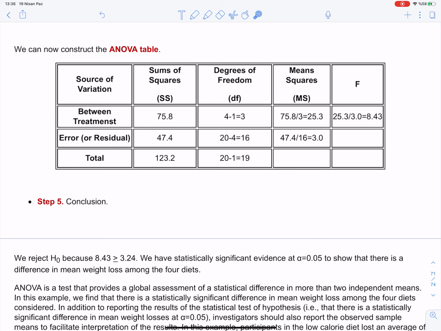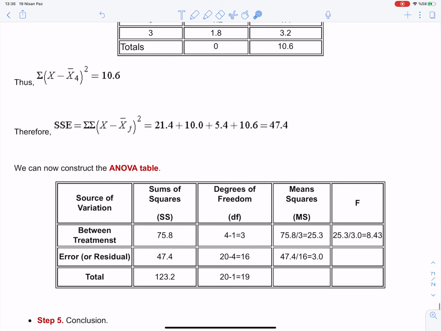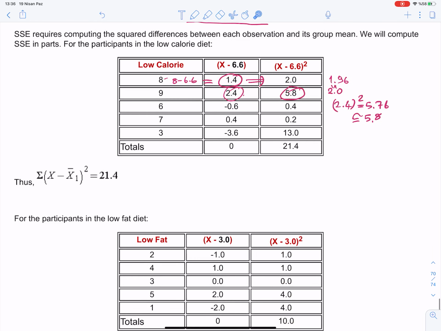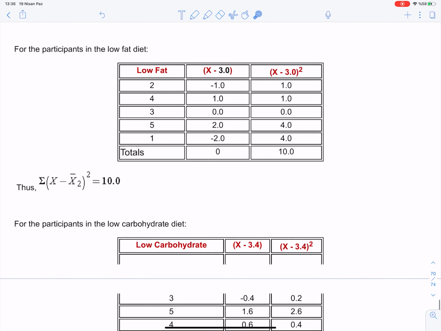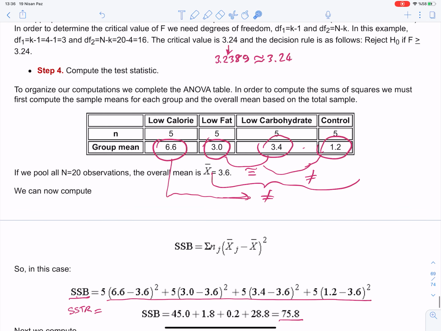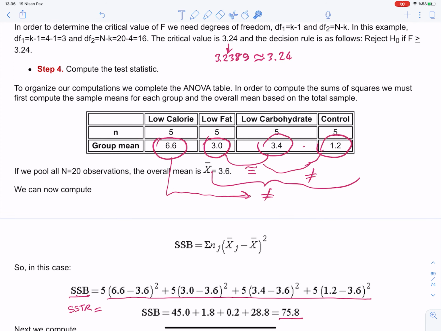The highest difference is measured for the low calorie diet. People prescribed the low calorie diet lose the most weight, because the mean is around 6.6 units of weight loss, and low fat you lose 3, and low carbohydrate you lose 3.4.